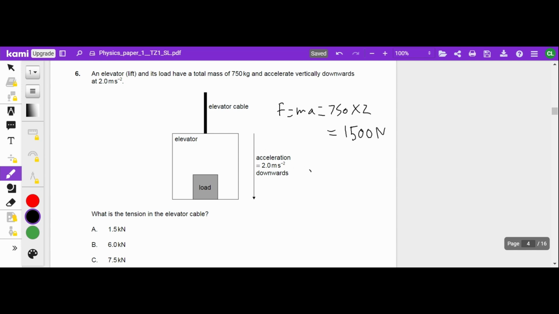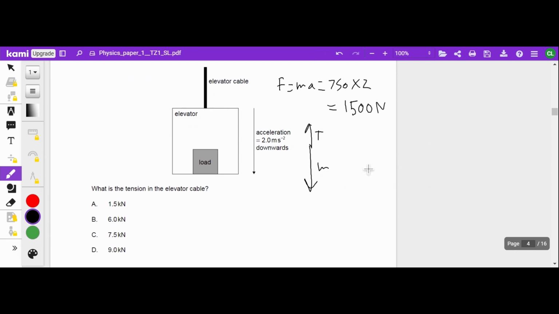And you have tension and you have the weight. So our acceleration is also going this way, right? So it'll be the weight minus the tension, because it's opposite direction, equals the resultant force.